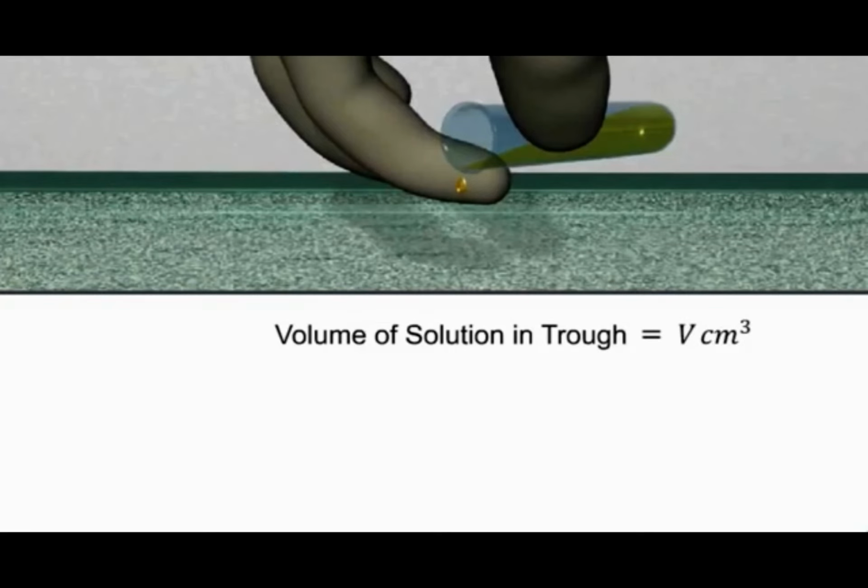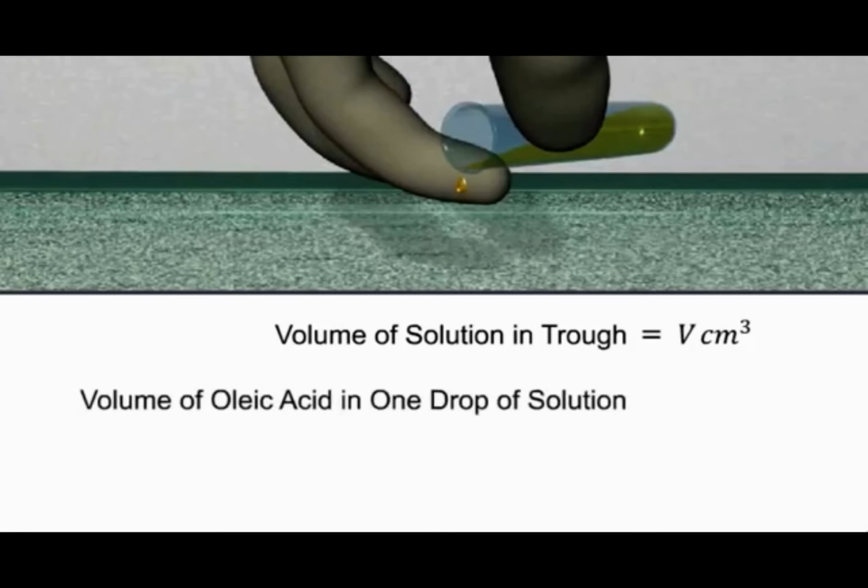Let the approximate volume of a drop of solution dropped on the surface of water in the trough be V centimeter cube. As the concentration of oleic acid is 1/400 in the solution, the volume of oleic acid in each drop of the solution is V/400 centimeter cube.